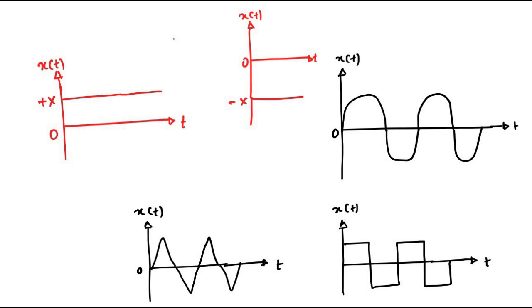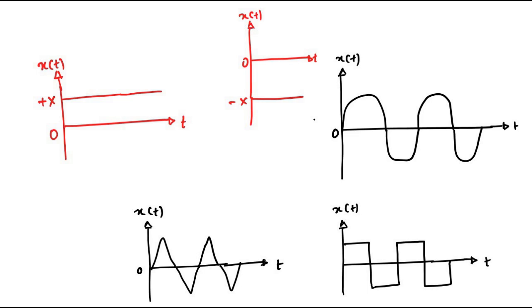So here it is starting from 0, then it is increasing, attaining a peak value here, then it decreases, then it goes in the opposite direction, attains a maximum negative value, then again goes to 0, and again the same pattern is repeated here. Here also same, it is starting from a certain value, then 0 here, again in the opposite direction, then again the same pattern is repeated.